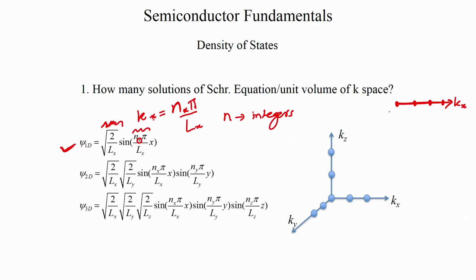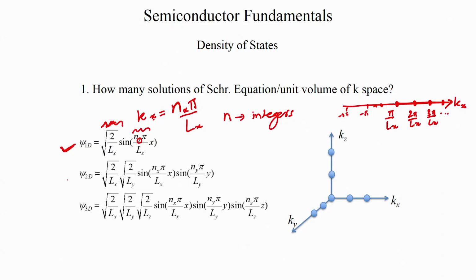It can have values of pi by Lx, 2 pi by Lx, 3 pi by Lx, and so on and so forth. And you could also have minus pi, minus 2 pi, and so on. So, only those values were allowed.